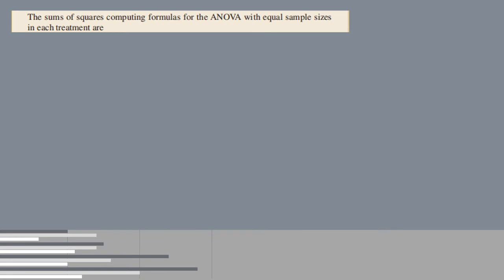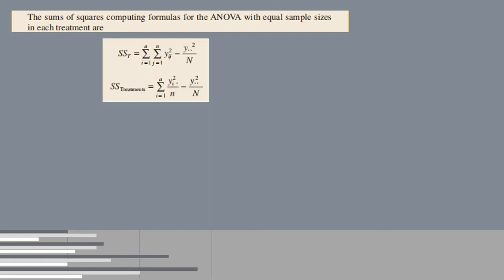Tapos, mabubuo na dito ang sum of squares computing formula for the ANOVA with equal sample size in each treatment are this. Ito na yung magiging final equation natin na magagamit para sa ANOVA, para malaman na natin kung ano nga ba talaga ang data na magkakaiba para sa tensile strength.